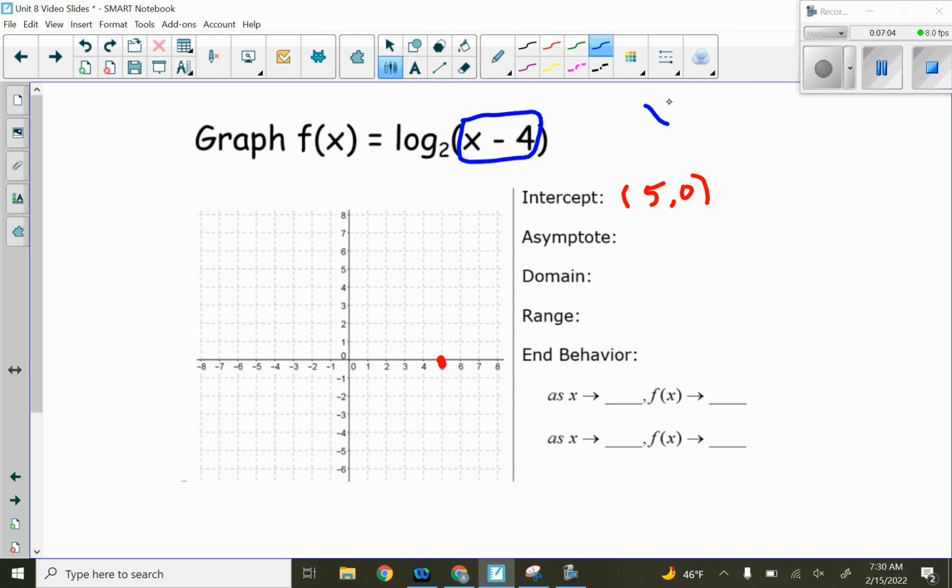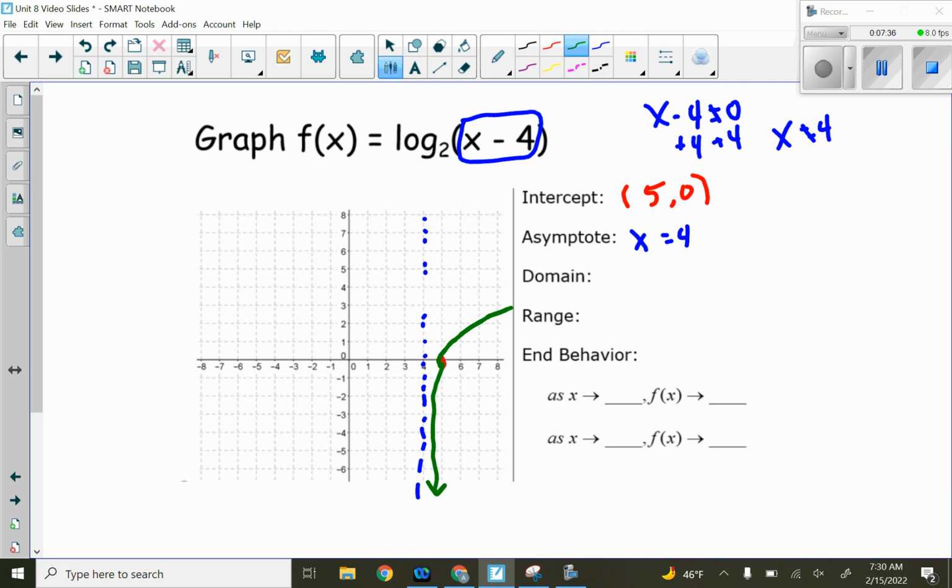So x minus 4 equals 0. So x can't equal 4. So I'm going to have that dashed line with our asymptote at x equals 4. So that means our graph is going to get very close to that 4, but never actually touch it.